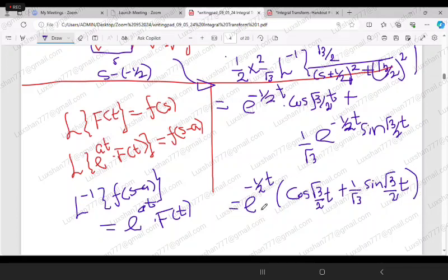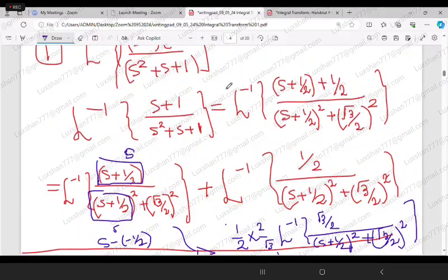Okay, so actually this is our f of t. This is actually the inverse Laplace transform of this function.